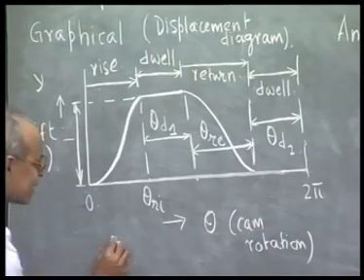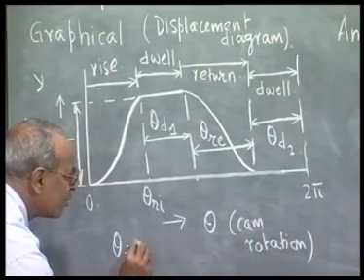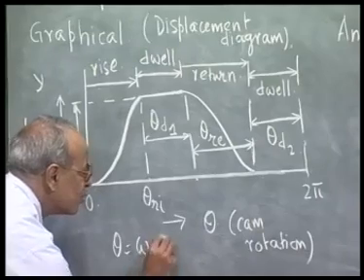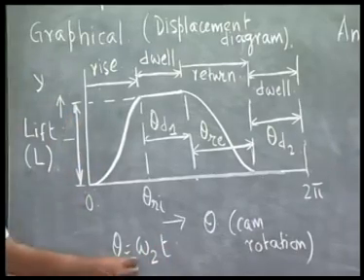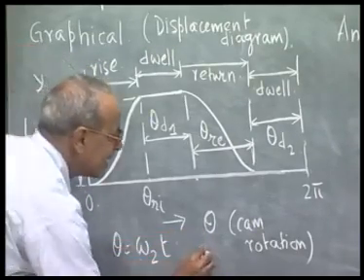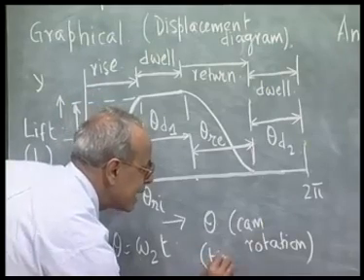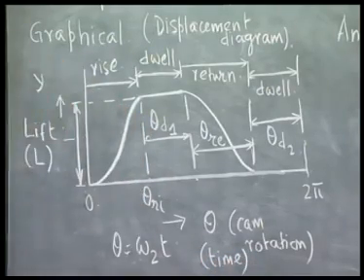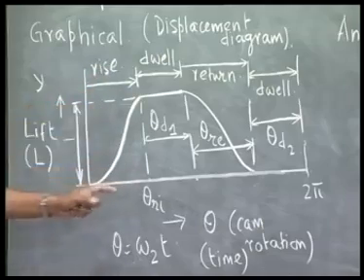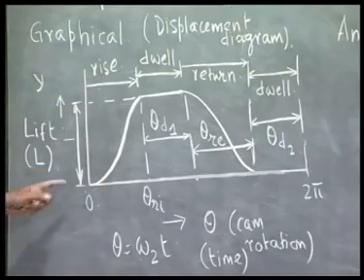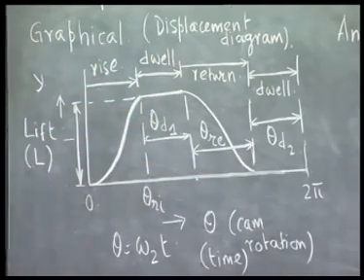We should remember that normally the disk cam rotates at constant speed, so theta is omega 2 t, where omega 2 is constant, so this theta is nothing but representing time. So this is the graphical description of the follower motion, and this diagram is called displacement diagram.